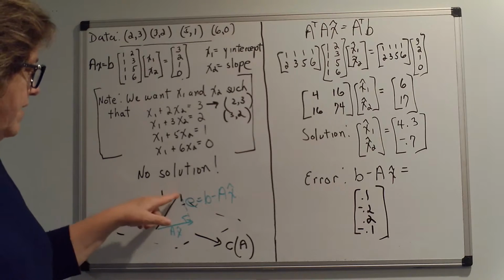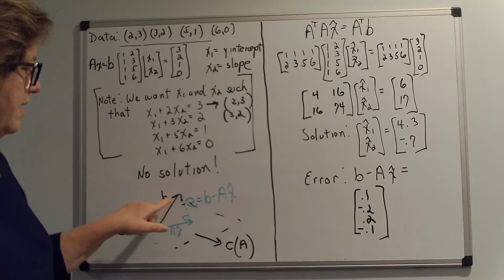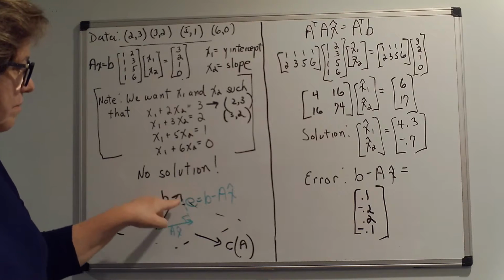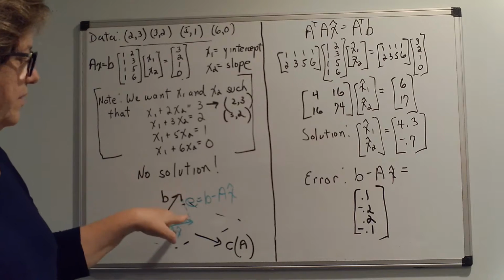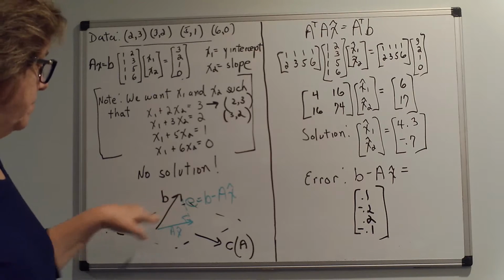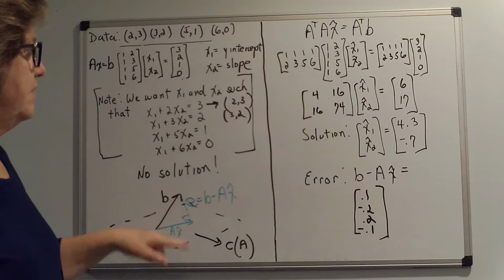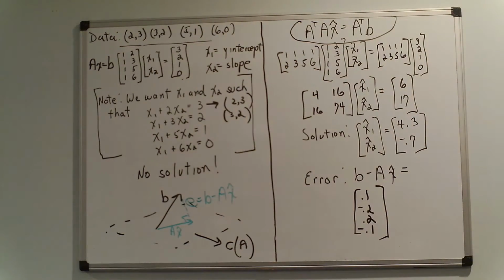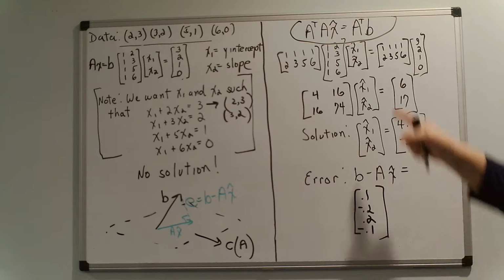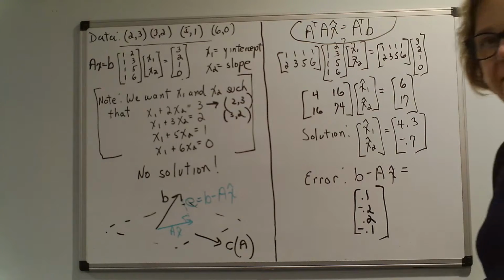Okay, so to get that, we know the equations. Since this error, b minus A x hat, is in the null space of A transpose, we know that this has to be true: A transpose A x hat has to be equal to A transpose b.